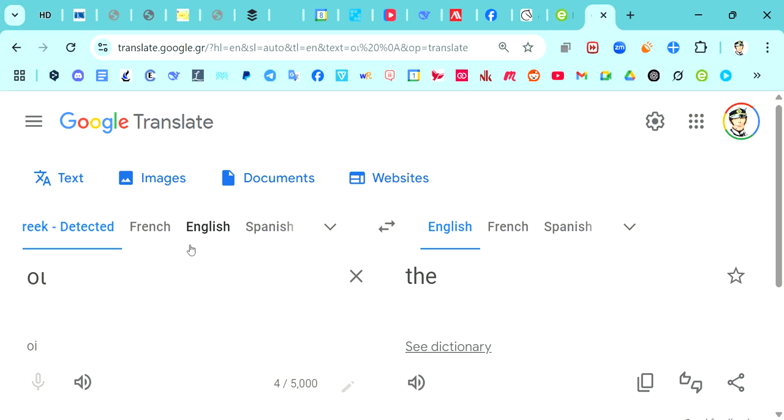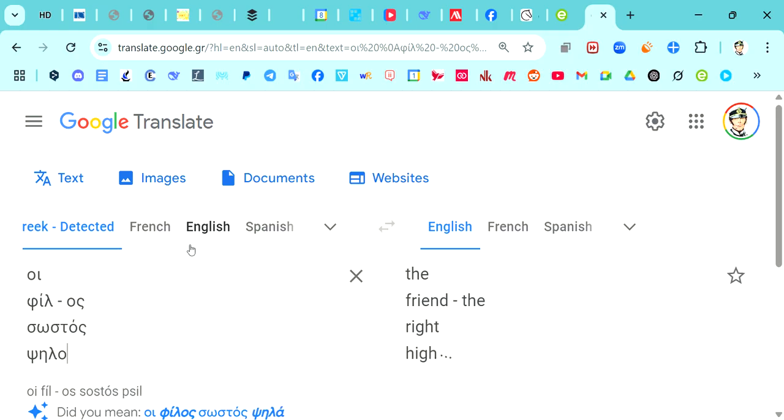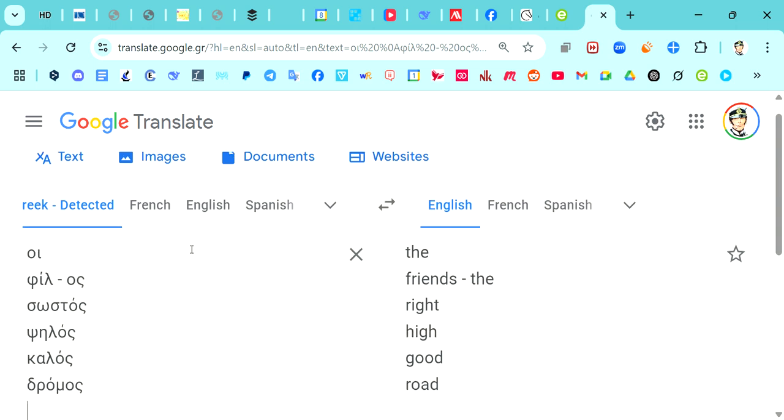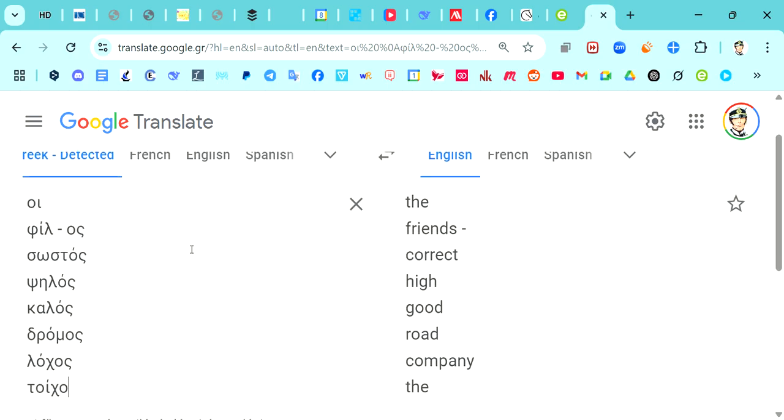So I have φίλος, ending in -ος, like many adjectives: σωστός, ψηλός, καλός. And there are also many nouns: δρόμος, λόγος, ήχος.